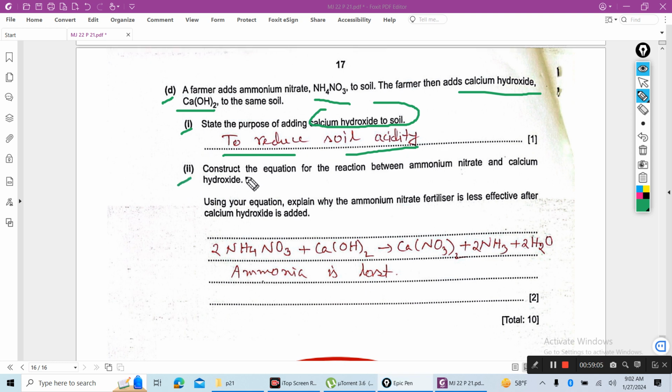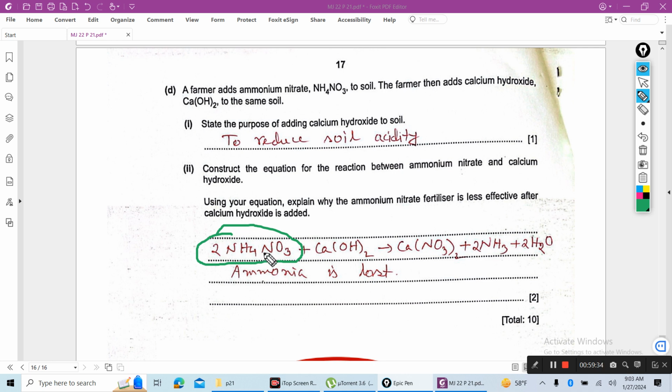Construct the equation for the reaction between ammonium nitrate and calcium hydroxide. You know, any ammonium compound, ammonium salt, reacts with an alkali to produce salt plus ammonia plus water, 3 products.